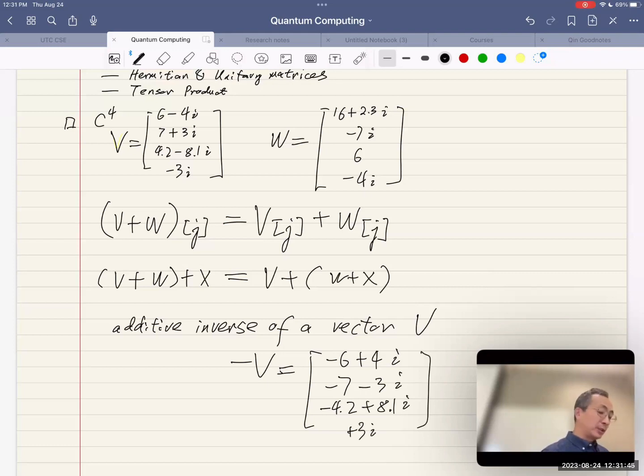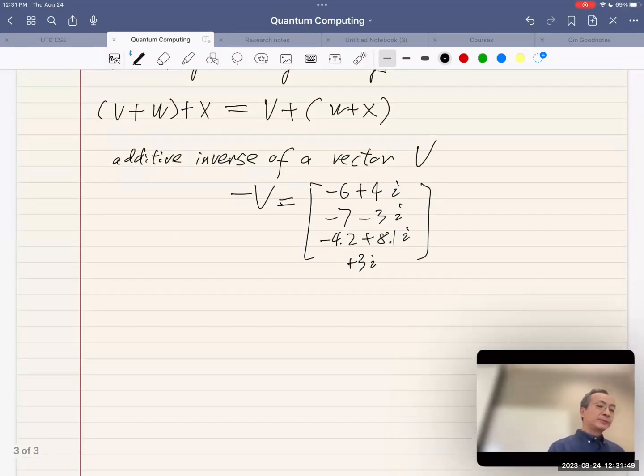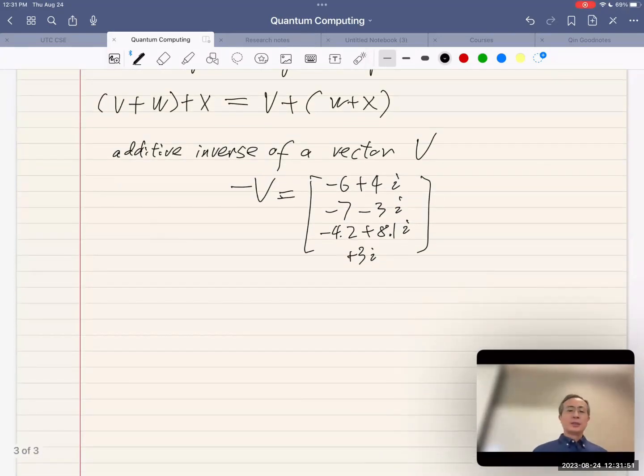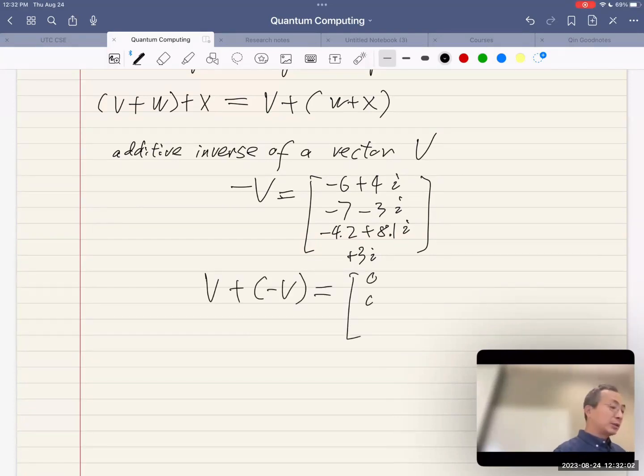Is that correct? Yeah, that seems to be correct. Okay, so this is just a lot of definitions. And then we will have v plus minus v equals what? 0, 0, 0, 0, which is called the zero vector.